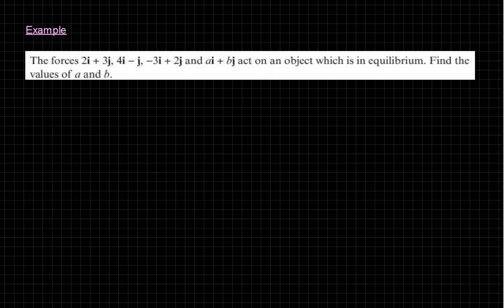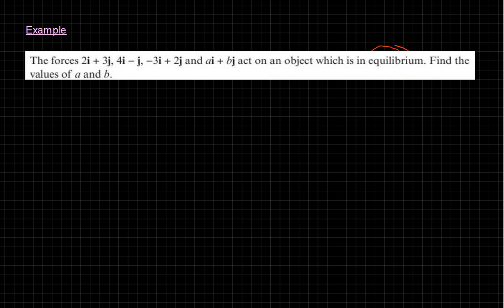So we've got 4 forces in this example, right? Only one of them you've not been given numbers for, and you've been asked to find the values of A and B. Well, the additional information you have, of course, is that the object is in equilibrium, so therefore we know that the resultant of all the forces is going to be 0.